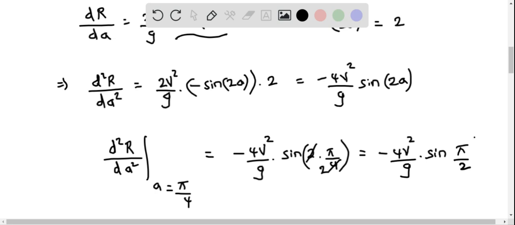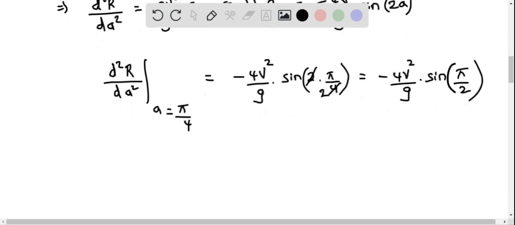And we know this sine of pi by 2 value is 1, so therefore this is going to be negative 4v squared divided by g times 1. And so this equals negative 4v squared divided by g. And this is going to be a negative quantity.